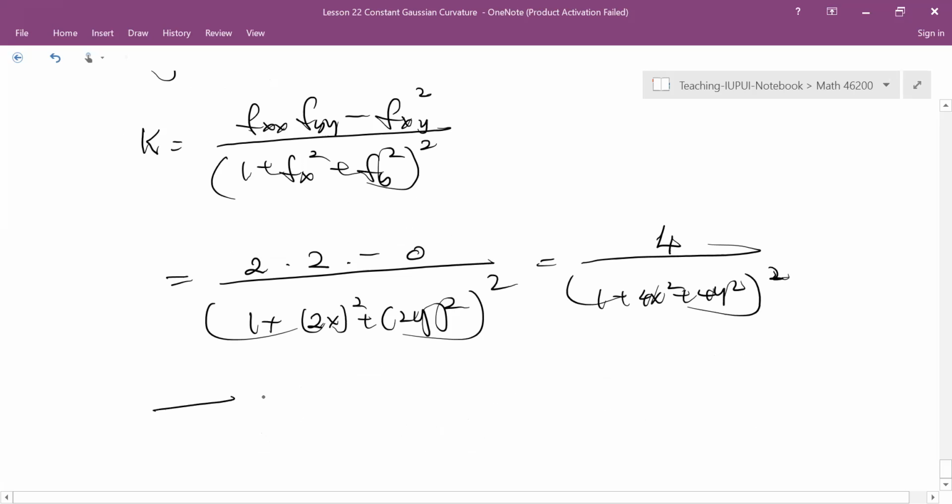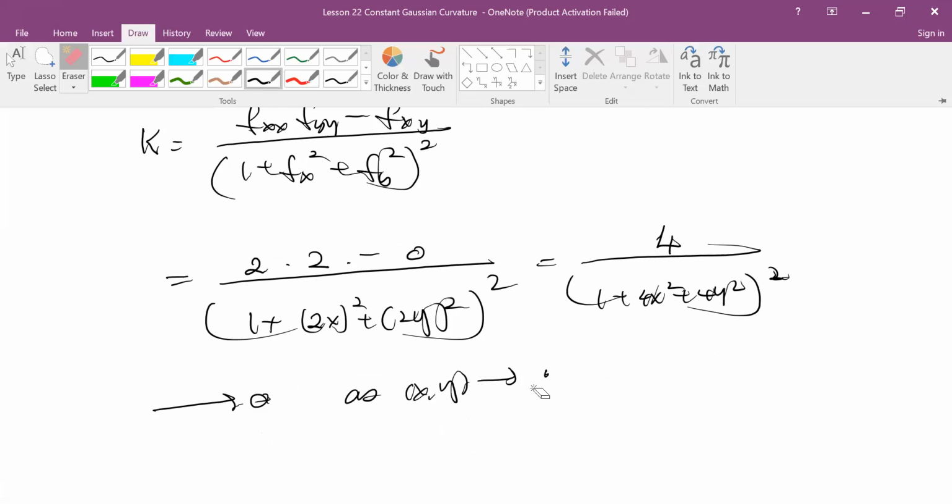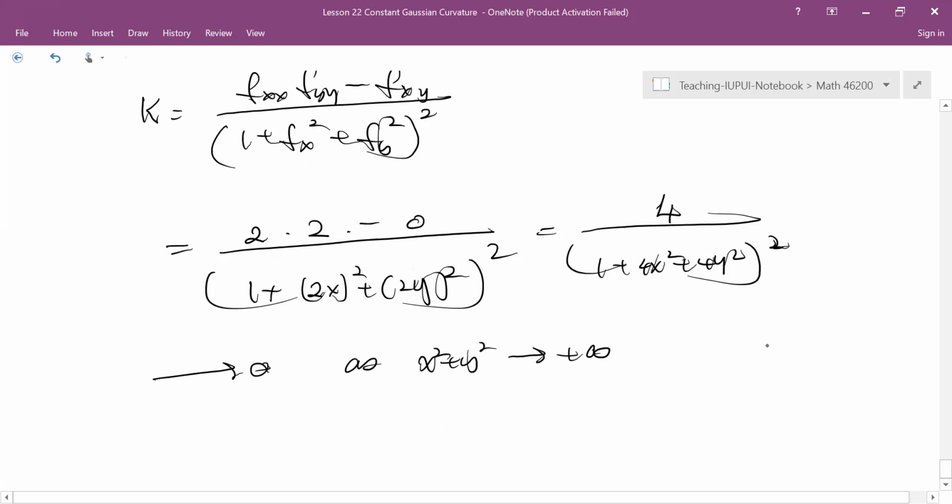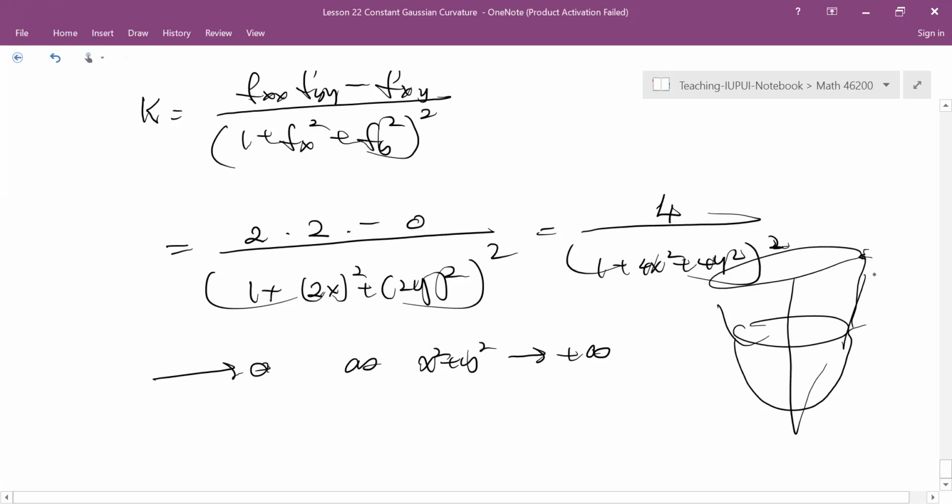Clearly when x squared plus y squared approaches infinity, the curvature approaches 0. Look at the paraboloid picture: it's more flat near infinity, so K approaches 0. It's not a surprise.